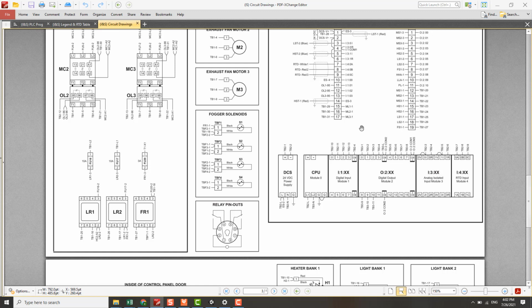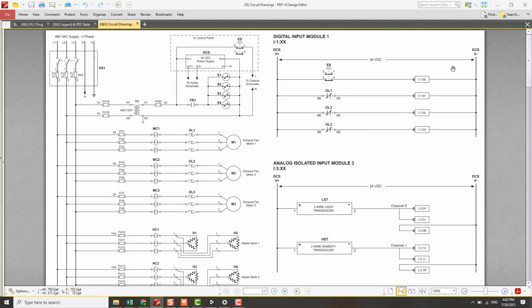So we should measure. We put the black probe here, then the red probe here, to measure the voltage. If you don't have voltage here, that means the upstream is open circuit or has a loose termination.